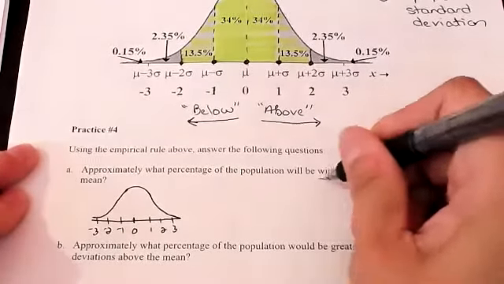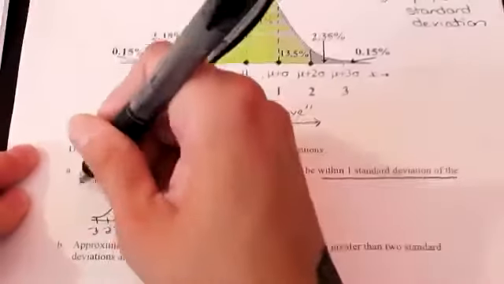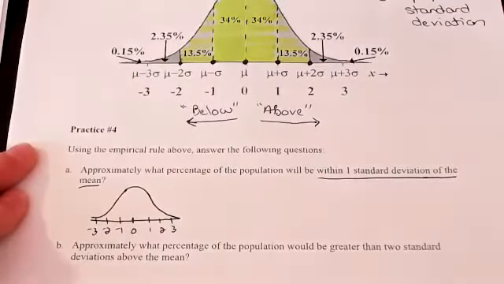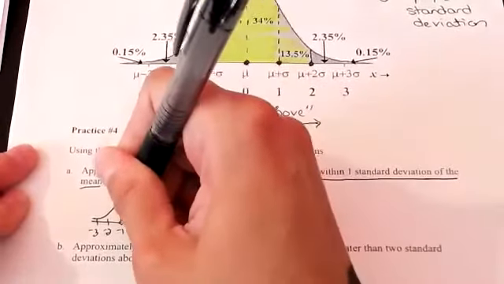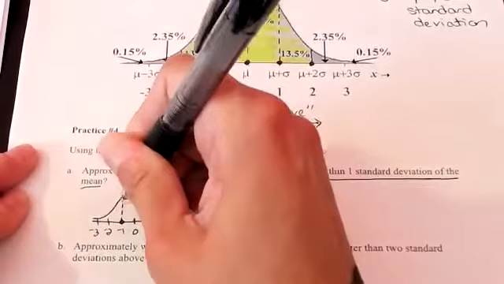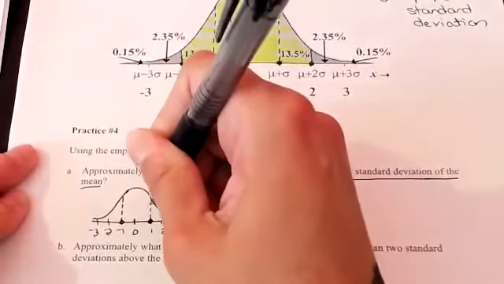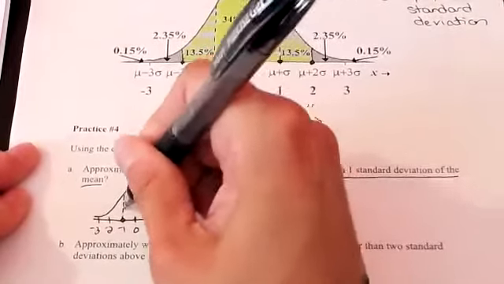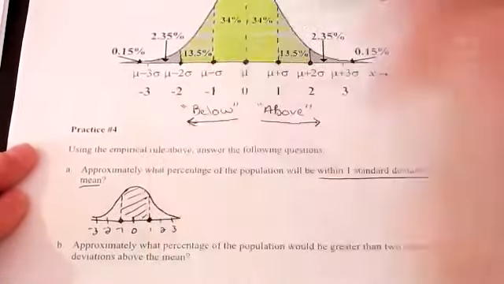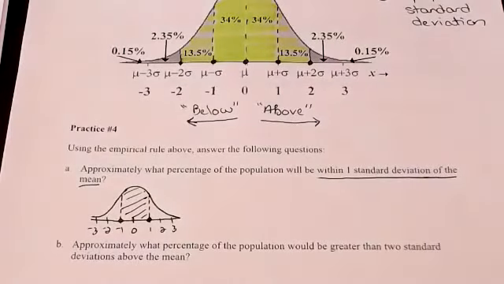If we would like to be within 1 standard deviation of the mean, that refers to above and below. So above 1, below 1. Go ahead and draw your dotted line. Because essentially what we're trying to do is we're trying to figure out what region we're referring to. And according to the empirical rule, we know that that is our 34% and our other 34%.